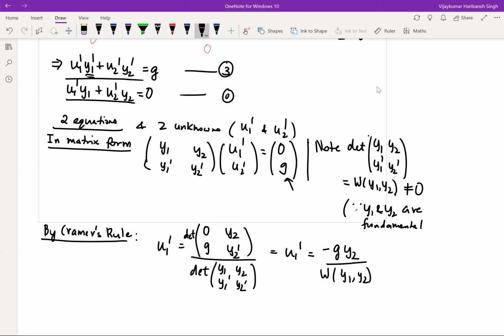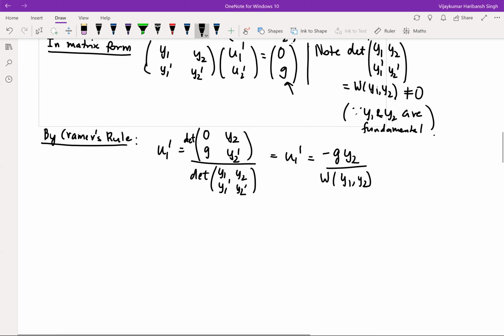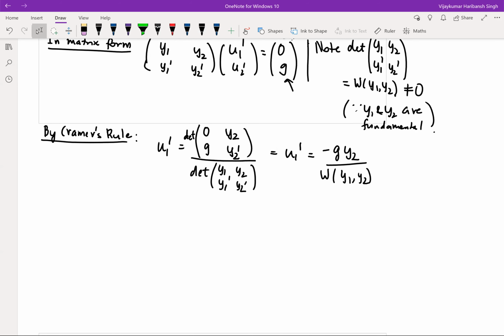You see that it's important that they be fundamental, otherwise that will be zero. So you got u1 prime to be this, and similar investigation will show that your u2 prime is going to be y1 g divided by the Wronskian of y1, y2. Of course, note all these are functions of t.